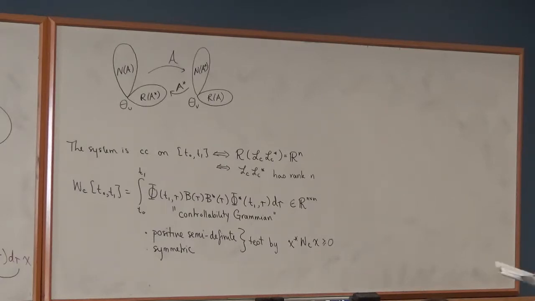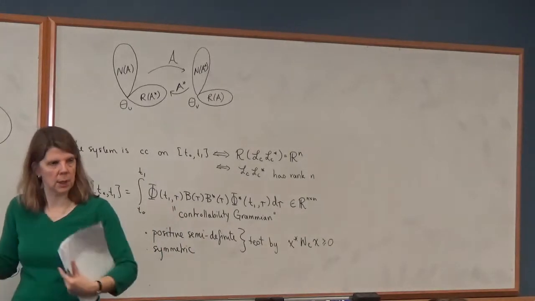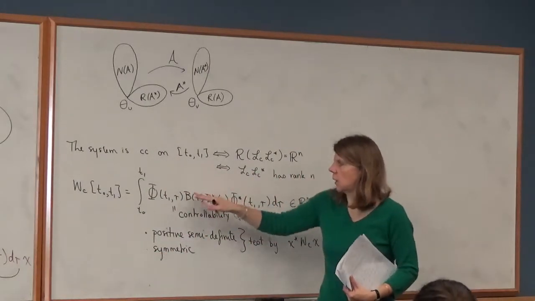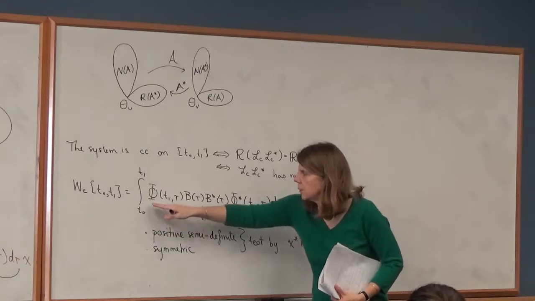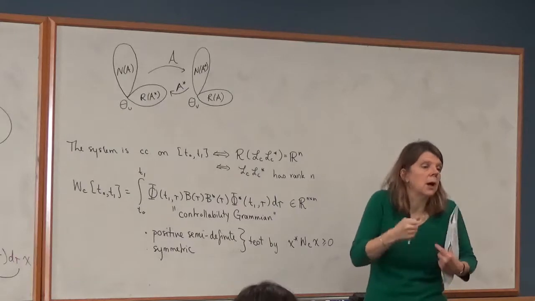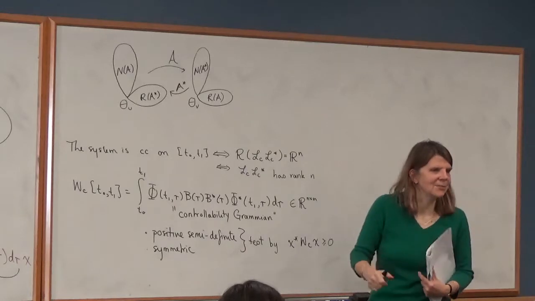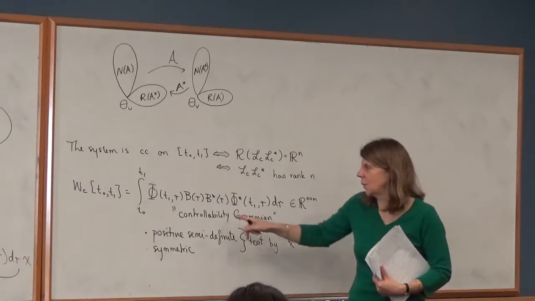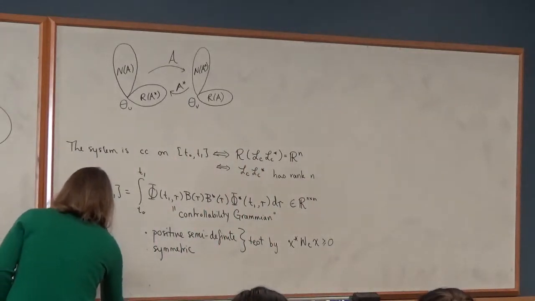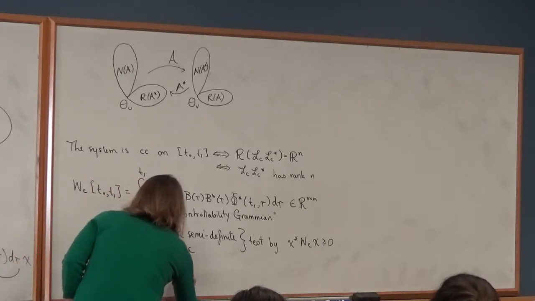Okay. So coming back to that point about a system that may be controllable over a longer time interval, but not a shorter time interval, now it starts to make sense. Because if this matrix is always positive semi-definite, then if you integrate for more time, you can only be adding more positivity to it. You may not get more positivity, but you can't lose any positivity as you integrate over time. So I'm just going to make a remark here. Remark: the interval t0 to t1 is important.